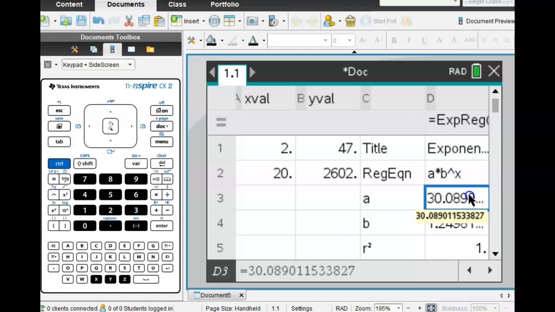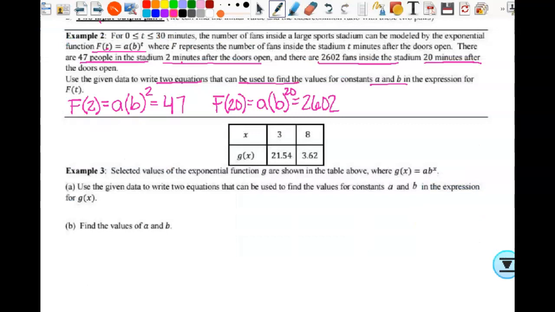But if you can only see 1 decimal place, if you actually click in that cell, you can see a whole bunch more so that you can get the 4 that you need. Okay. So over here, let's just write down our A and our B. So A is equal to 30.0890. And B equals 1.2498.